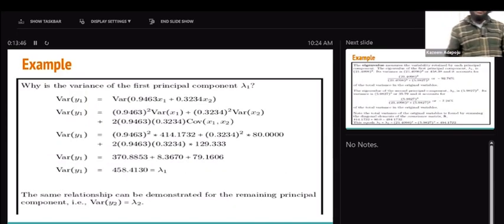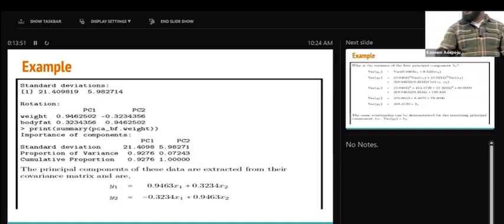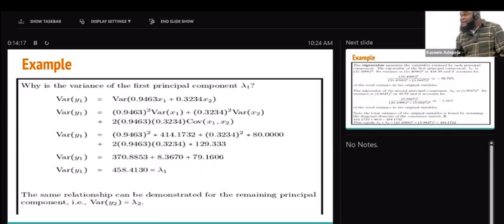Okay, now what am I trying to show? Do you know that from the principal component y1, I can derive the variance of y1? But I told you the variance of y1 is lambda 1. If you take a look at the standard deviation given, 21.409819, when I square all those standard deviations, the first one is going to be the variance of y1. The second one is going to be the variance of y2. But if I want to derive that manually from the principal component equation, I can just do the variance of y1.